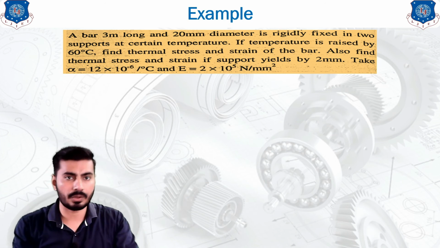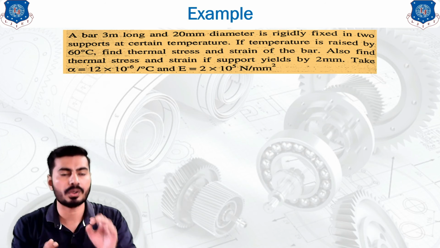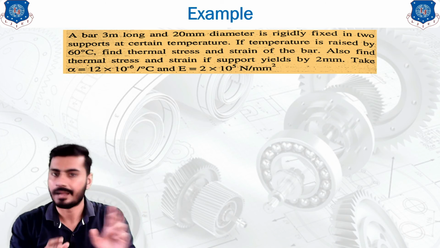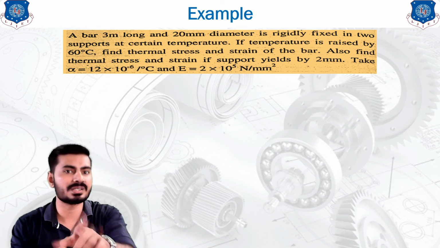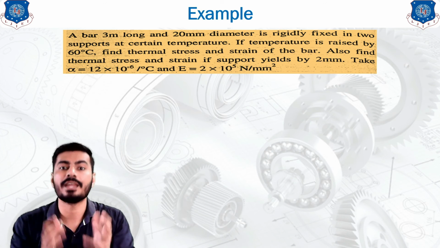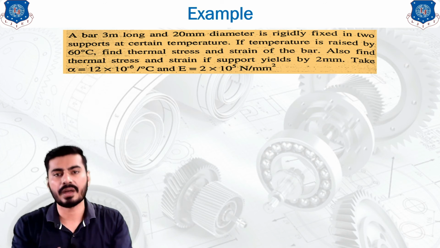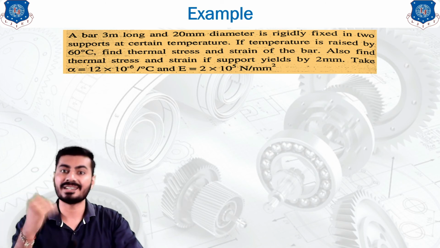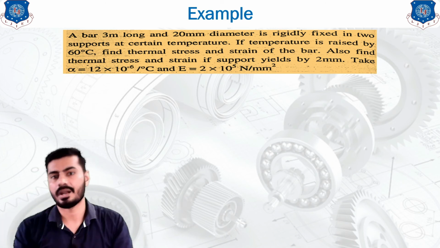Whatever the temperature of the room at that time, the bar was at 25 degrees centigrade, let's say for example. Okay, I am not saying that 25 degrees centigrade is given in the data, but if the room temperature is 25, then you are increasing 60 degrees more on that 25, then your final temperature would be 85 degrees centigrade.